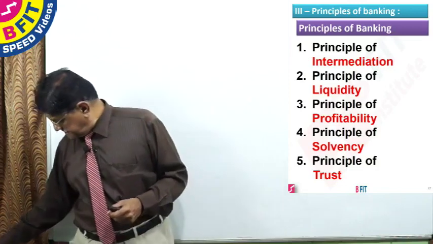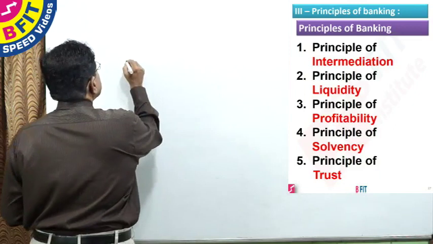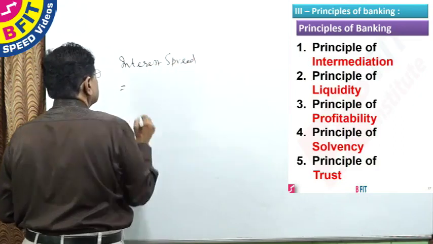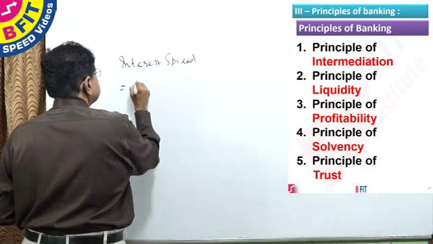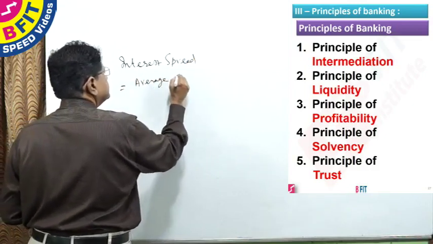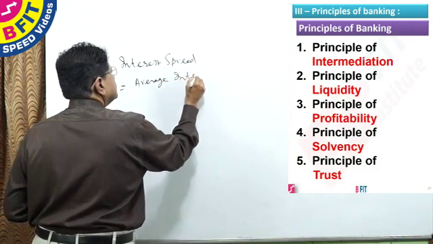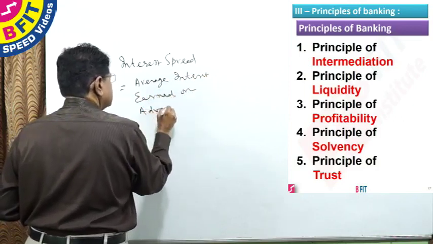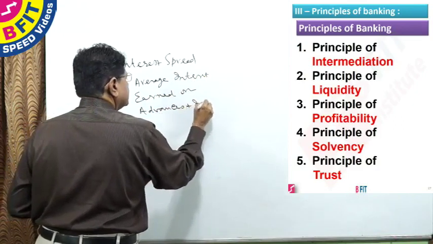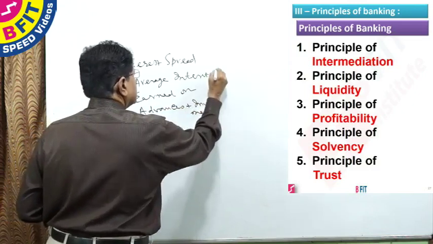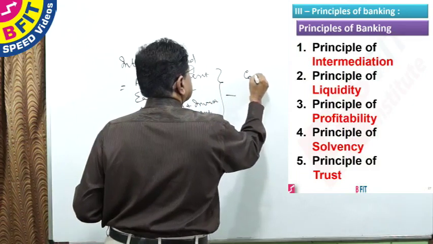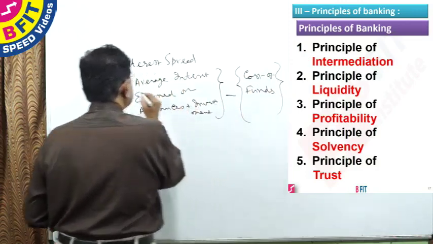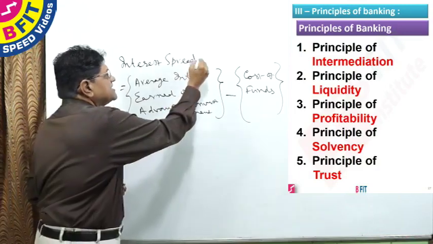Interest spread means the average interest earned on advances plus investment, minus the cost of funds. This should always be positive.